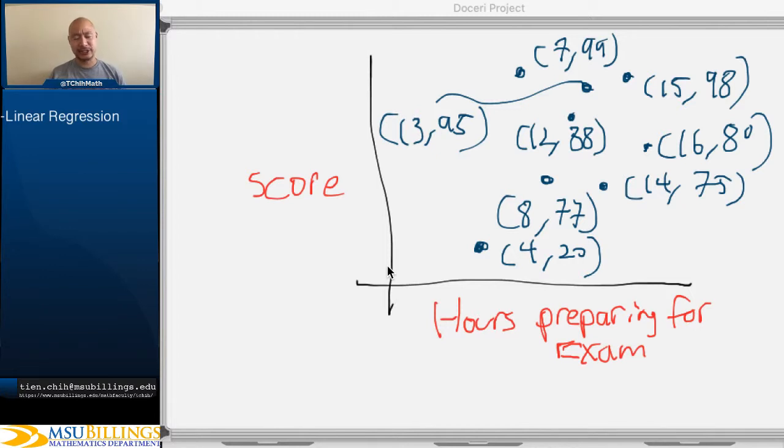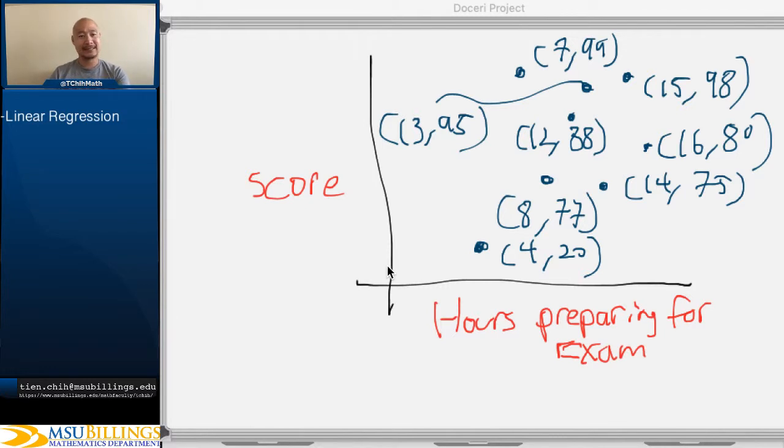And then the second question is, how accurate is that prediction? This is an important question because if you're able to super accurately predict people's scores based on how many hours they spent preparing, that tells you that the hours preparing for the exam might be the most important factor in determining someone's score.